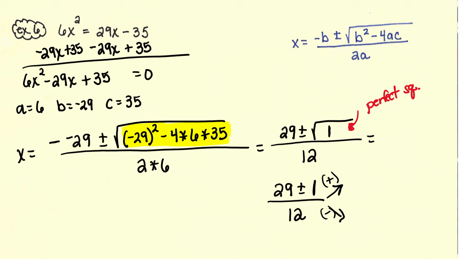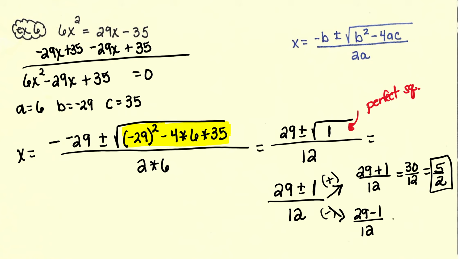On the positive side, I'll say 29 plus 1 over 12, which is 30 over 12, which I always reduce to 5/2 in this case. And then the subtraction says 29 take away 1 over 12, which is 28 over 12, and that of course reduces to 7/3.